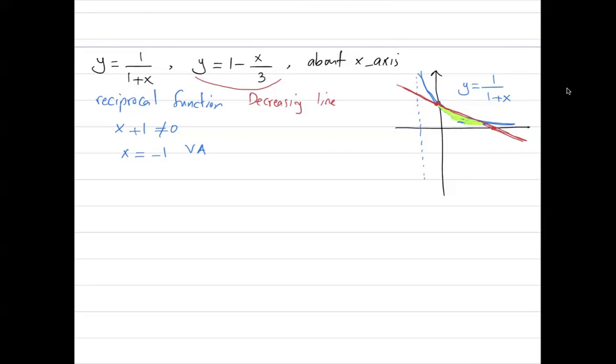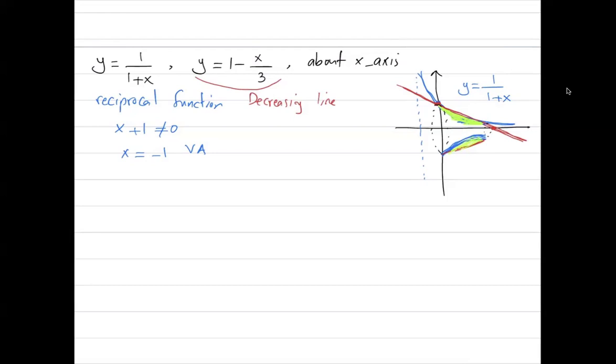So when you rotate this about the x-axis, this is what you get. And your line, which is just right here, and this is your region.